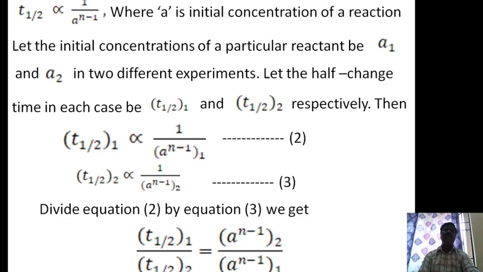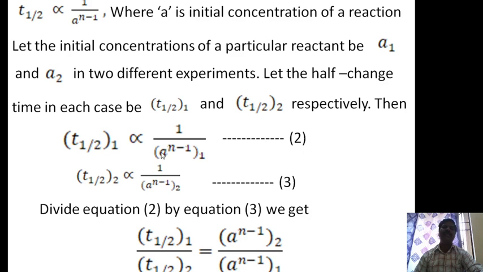That will be denoted as T half 1 and T half 2 respectively. T half 1 is for experiment number 1 when the initial concentration is taken as A1, and T half 2 is the half-life period of the second experiment in which A2 is the initial concentration.